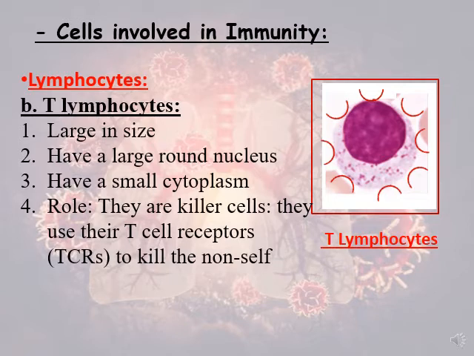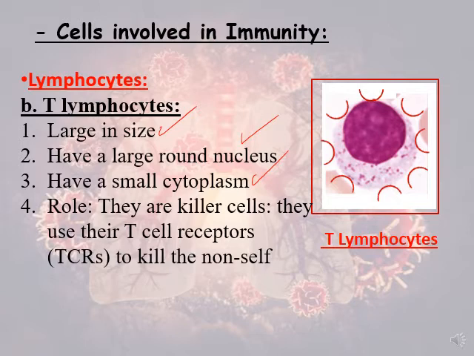T lymphocytes are very similar to B, but they have a difference related to the structure and to the role. T lymphocytes are also large in size, with a large round nucleus and a small cytoplasm. They have a role in killing the non-self. How? They don't secrete antibodies like the B lymphocytes.